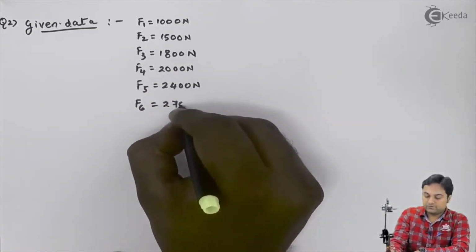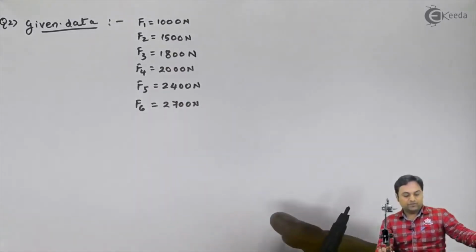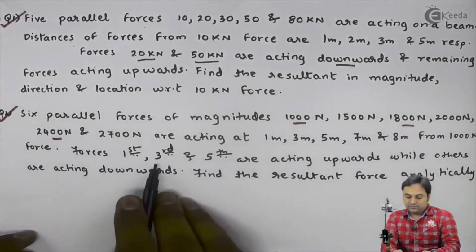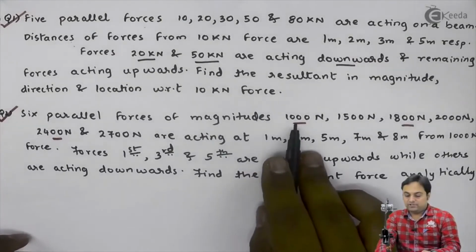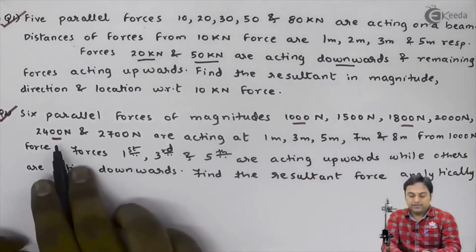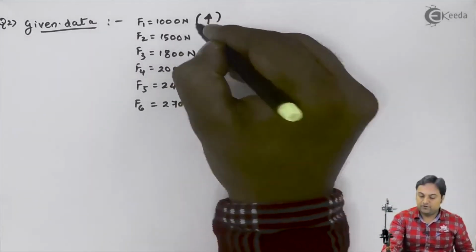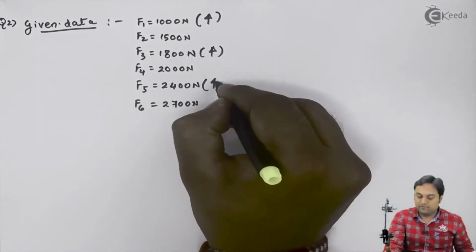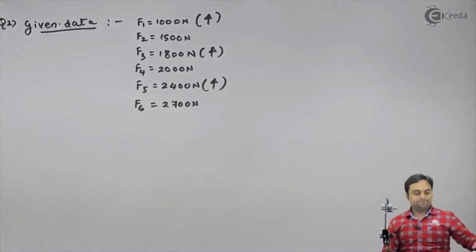And sixth 2700 Newton. Out of these forces, they have mentioned that first, third, fifth are acting upwards. So I have marked 1000 Newton upward, 1800 Newton and 2400 Newton upward. Remaining all forces would be acting downward.